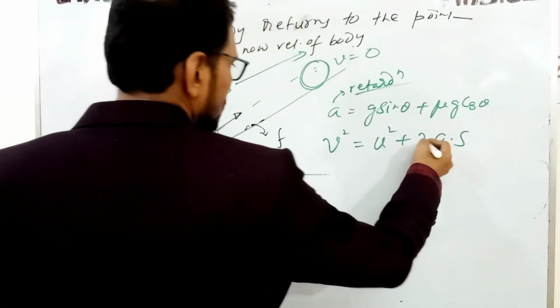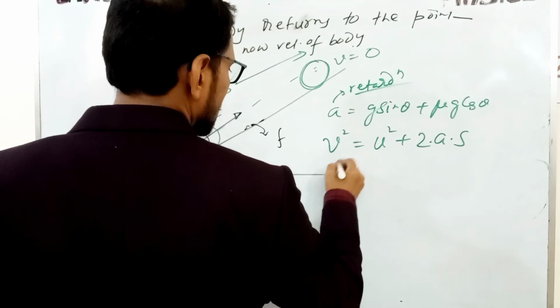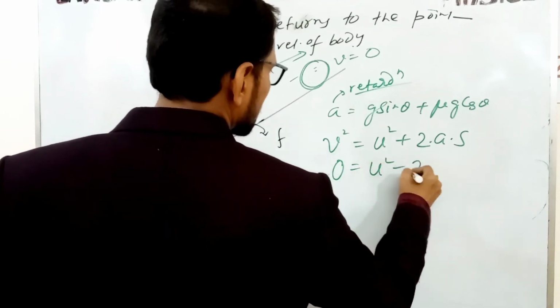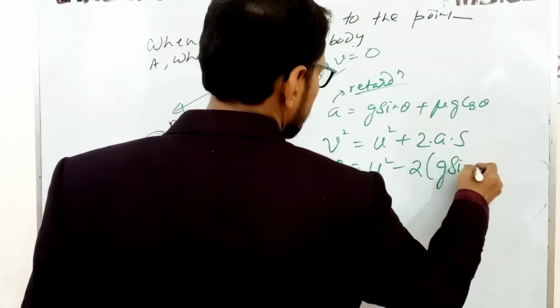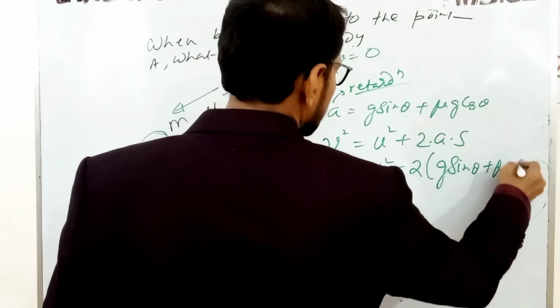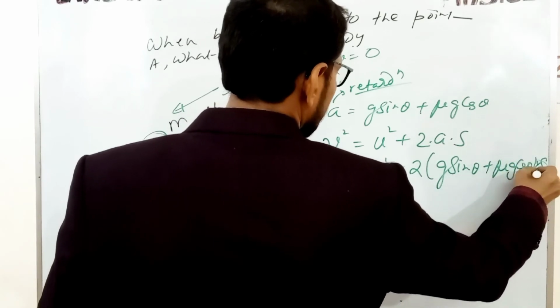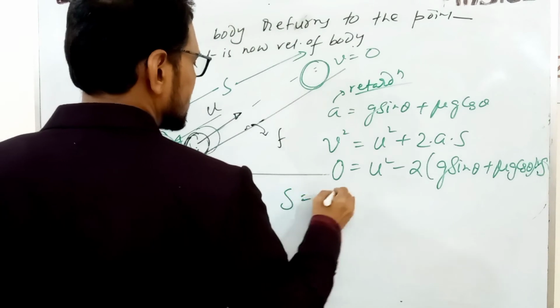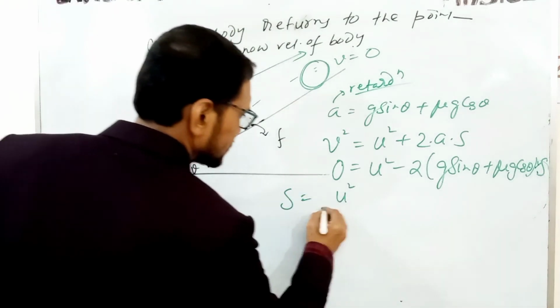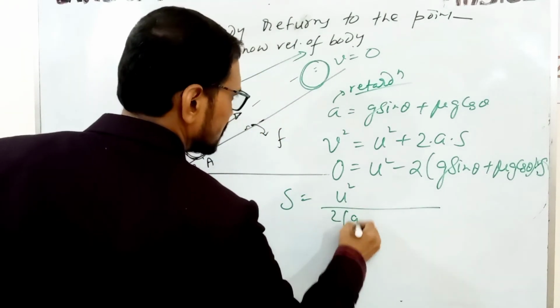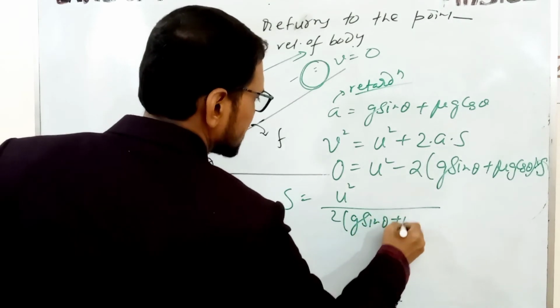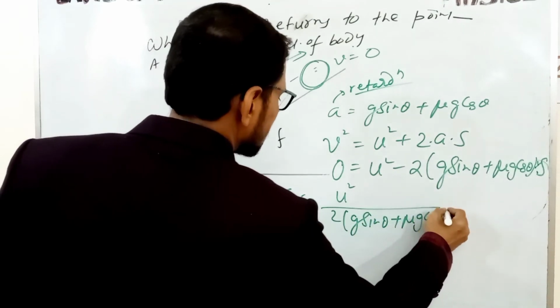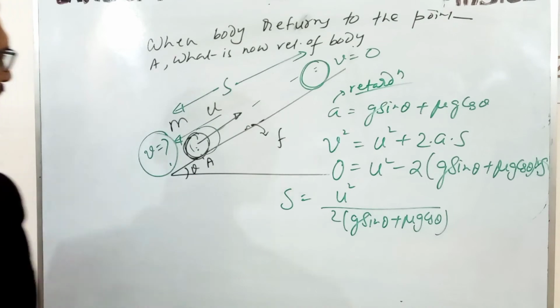Now this is retardation, so we put a minus here. v equals 0, so 0 equals u square minus 2 into (g sin theta plus mu g cos theta) into s. So s equals u square by 2 into (g sin theta plus mu g cos theta). So this is the distance covered upward.